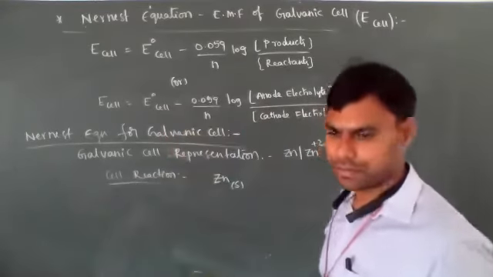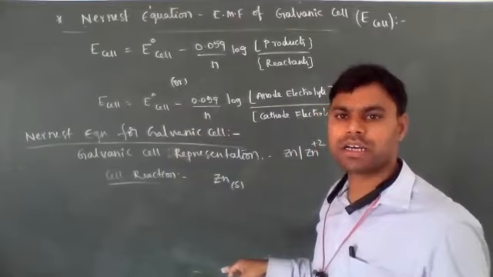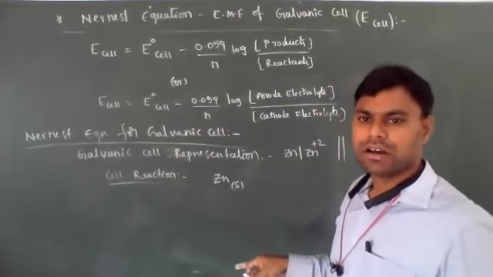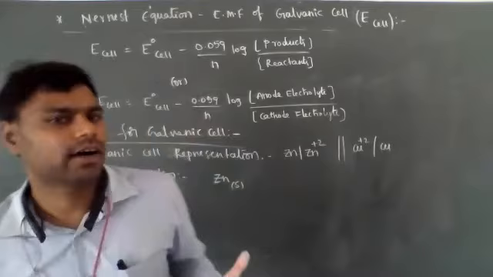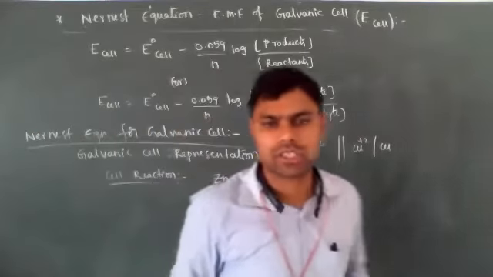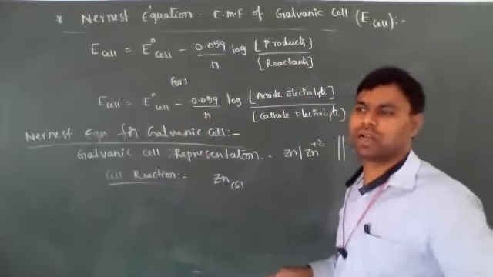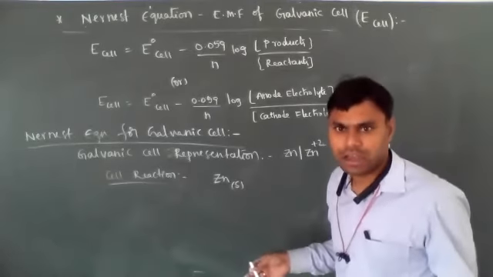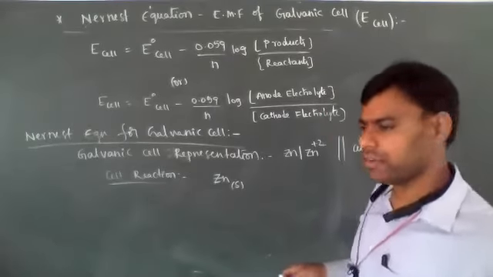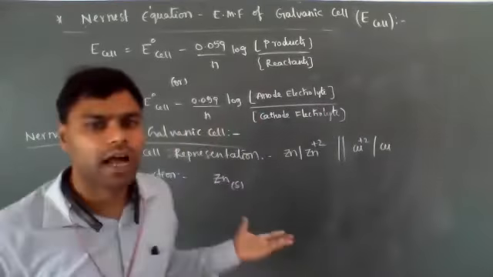Zinc is a solid, and for solids the active mass, or concentration, is always equal to 1, and for elementary state gases also its active mass is equal to 1. Active mass is nothing but concentration, calculated as molarity.